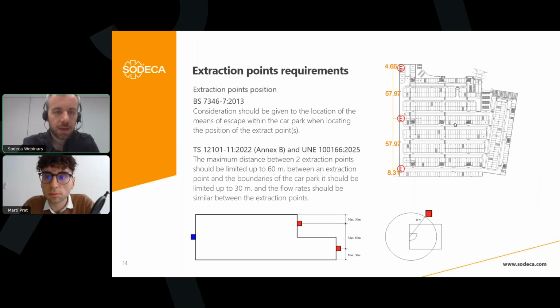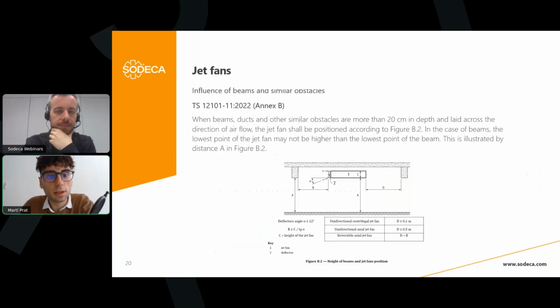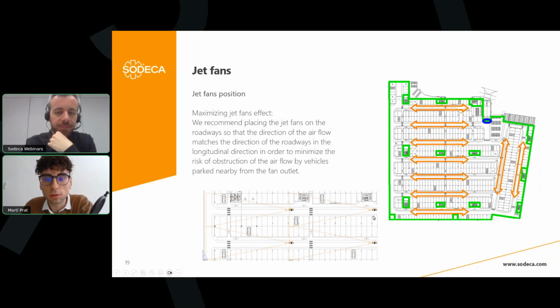Another question, what is the distance between two jet fans in parallel? It depends on the cone, no? Exactly, it depends on the model and the cone and the dimensions of the jet fan, the thrust. It depends on many things. What we do when we design it is we draw the cones.